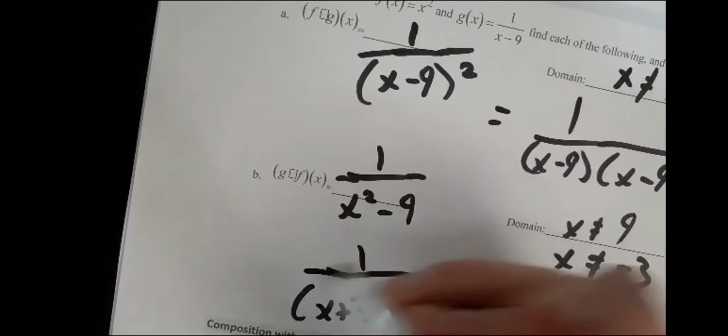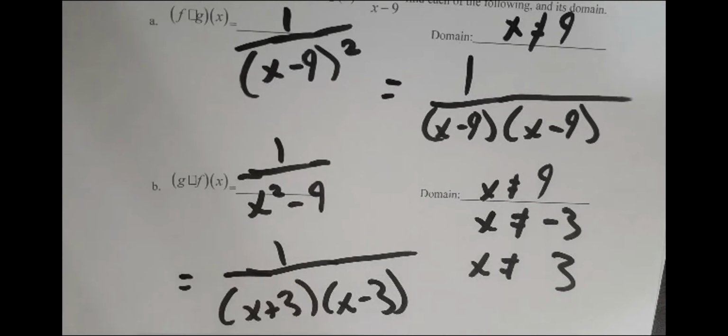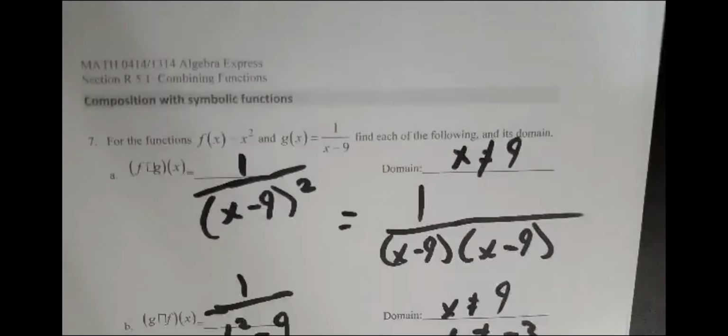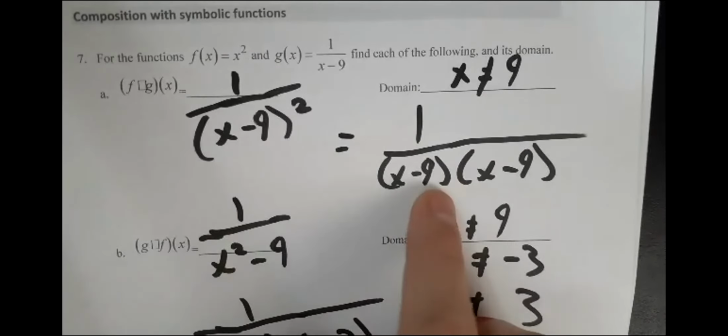They are not the same number. These things are giving us different results. So order matters when you do composition of functions, what order we compose these functions in. All right, so we have to look at the parent functions when we do the domain. We have to look at the end result.